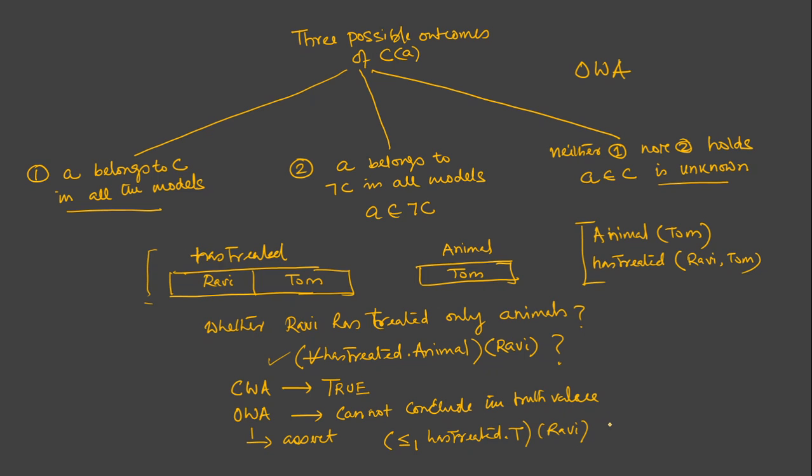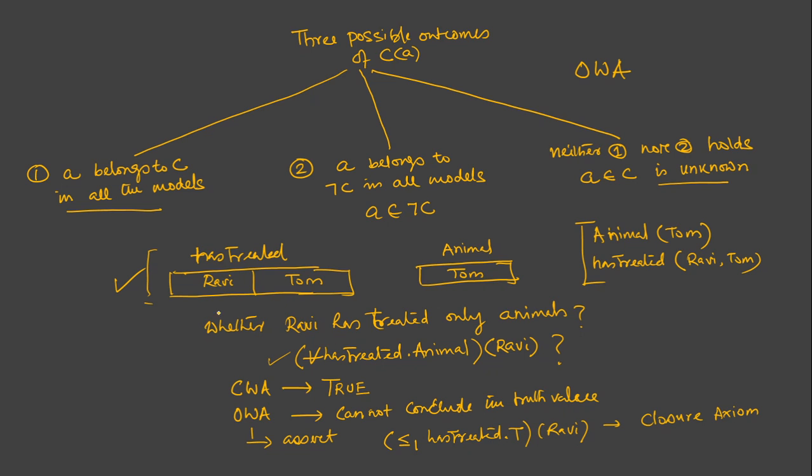So this is what we call the closure axiom, which we have talked about earlier. So we are adding something else to this. We know this, but we are also saying that Ravi has treated at most one.